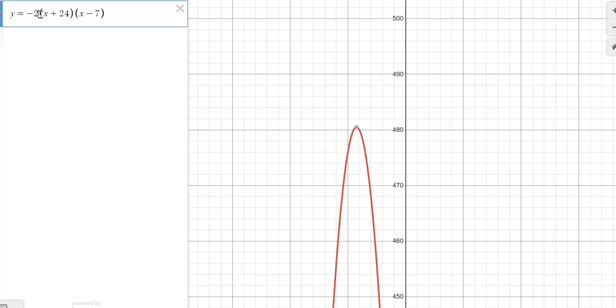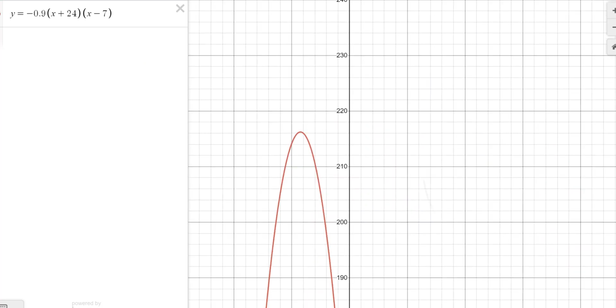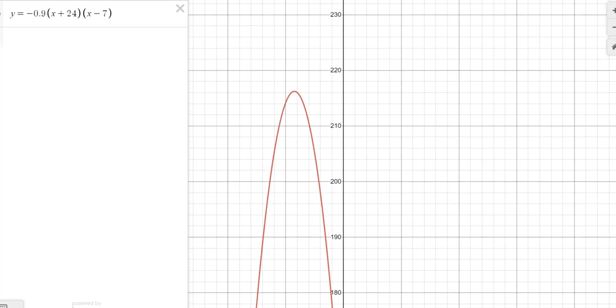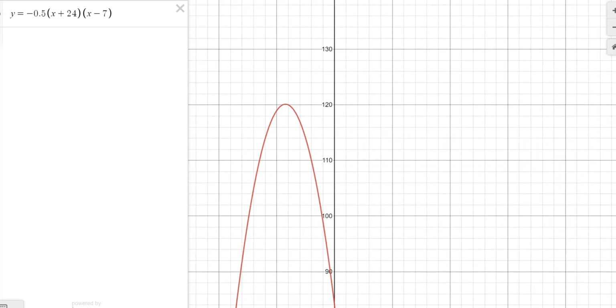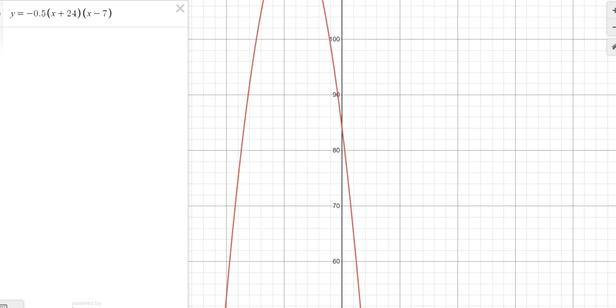So then you try and think, well, what about just keeping it 0.9? No, what's that? I mean, that's a lot lower, but it's still tall, isn't it? It's still a big one. So then you're like, okay, right, well, let's make it easy, 0.5. Still 120 meters. All right. So this is why I was saying it's actually not the easiest to make up a question and keep it easy numbers. And that's because it's a criterion D.